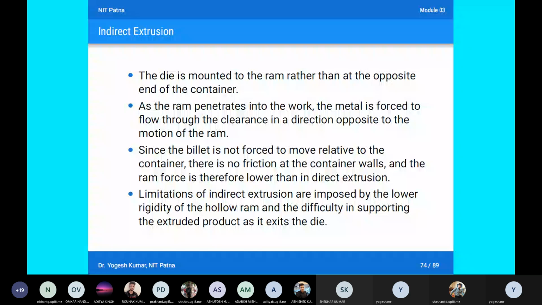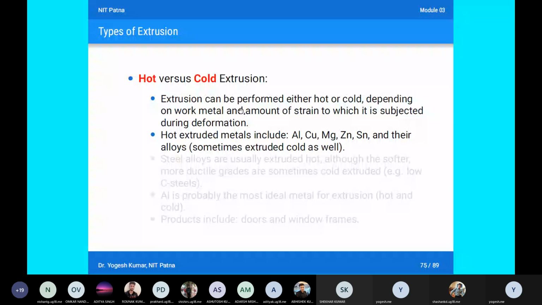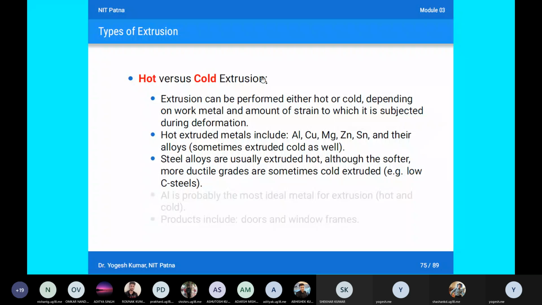Okay, now we will come to the next type of classification, that is hot and cold extrusion. This is normally the same in all processes. Under hot extrusion, we have to heat the material beyond the recrystallization temperature. Obviously this heating has a common advantage across all bulk metal forming processes: it reduces the strength and increases the ductility of your work billet.